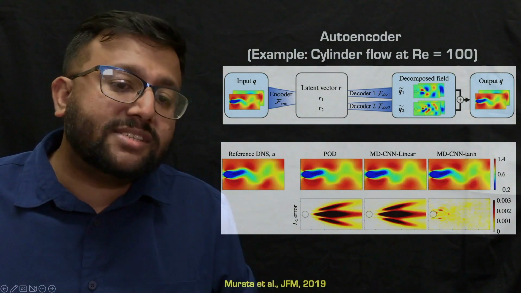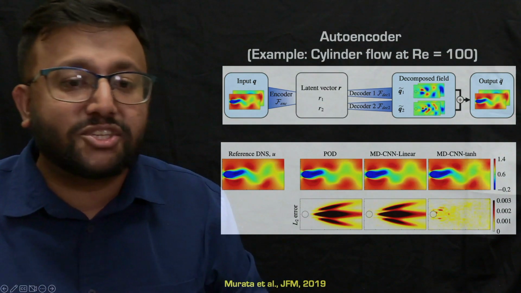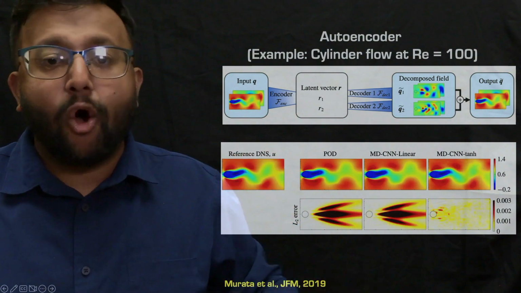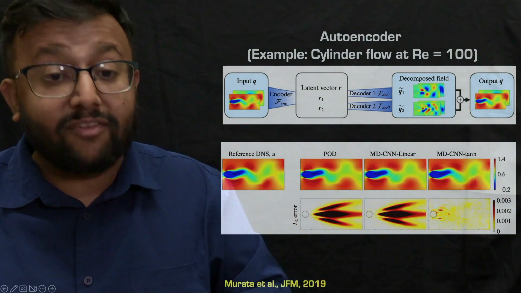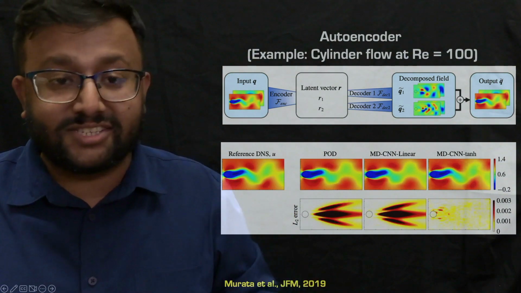What you actually see is, when you do a POD analysis of these decomposed fields Q1 and Q2, Q1 is nothing but a summation of POD spatial modes 1, 3, and 5, and Q2 is a summation of spatial modes 2, 4, and 6.